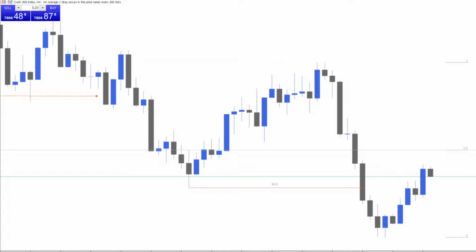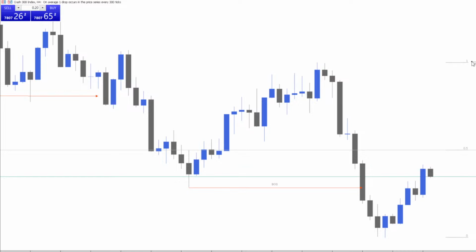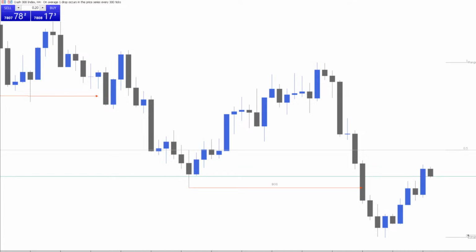So now that I have marked my trading range, or my dealing range, I'll call that my range high, and this my range low. Yep, that's my range low right there. So what am I looking out for next?